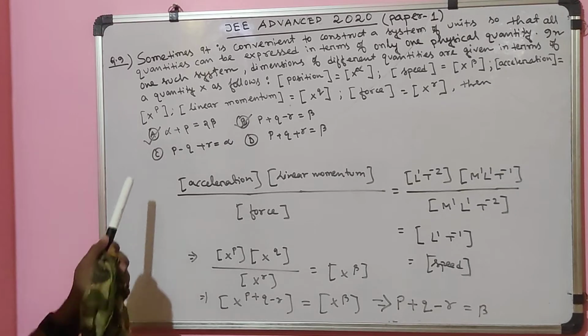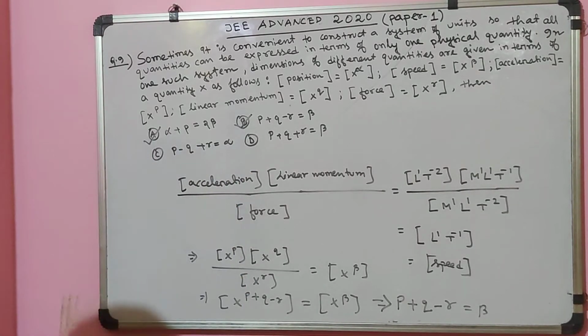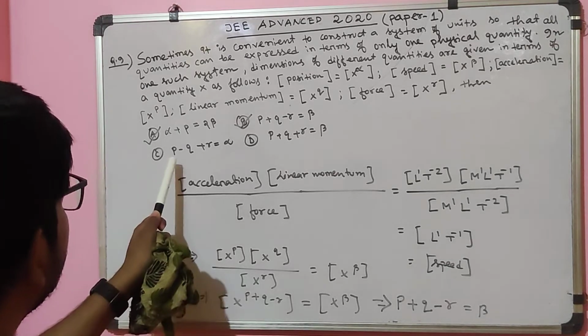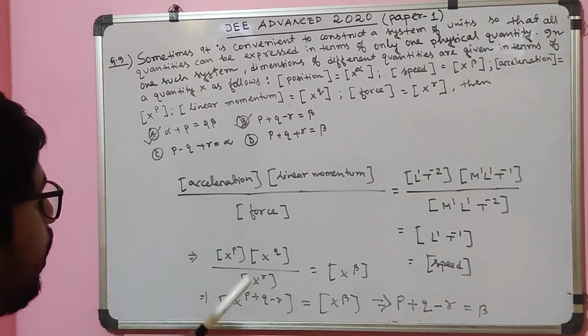Now let us see if options C and D are correct or not. This is p minus q plus r.